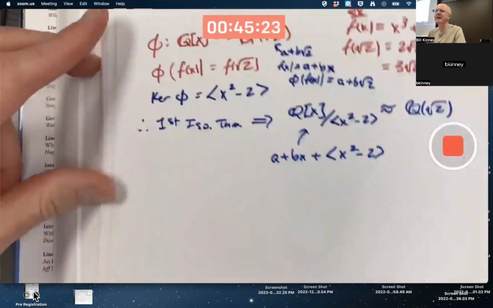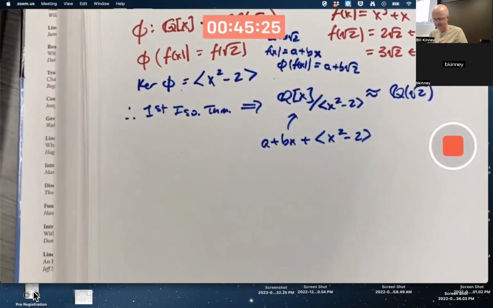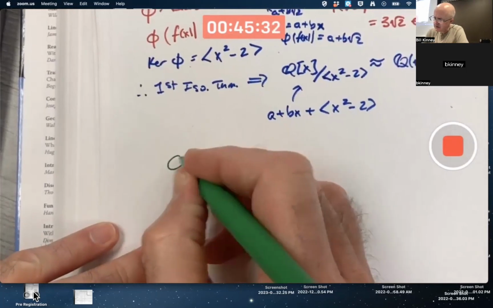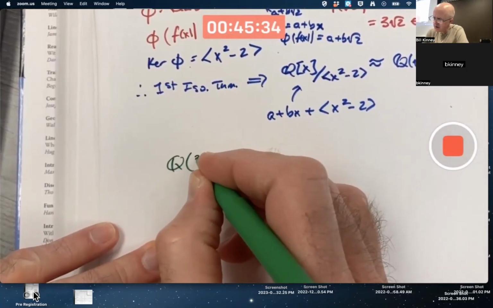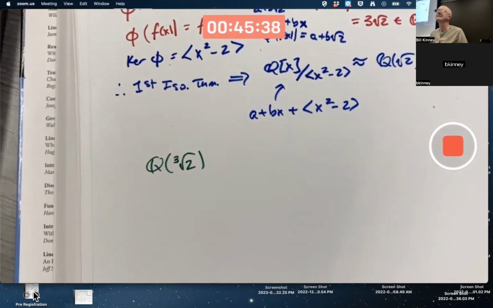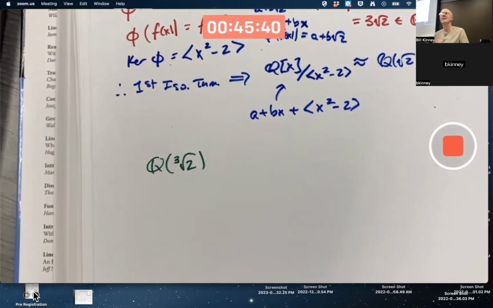Before we go on, maybe we should think about another example. How about Q adjoin cube root of 2. We thought about Q adjoin square root of 2. We also did think about adjoining square root of 3 last time, and doing both, in fact. Now let's do a cube root of 2.